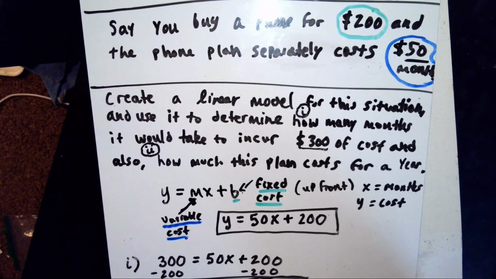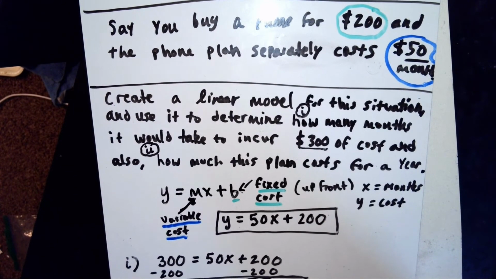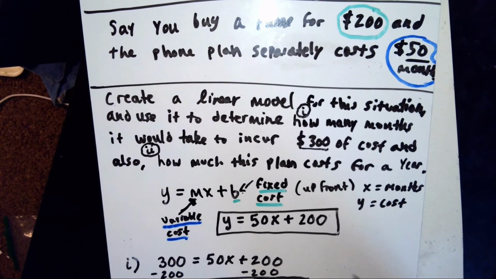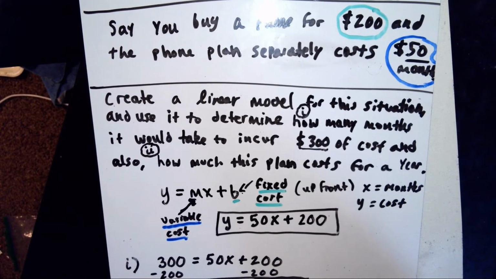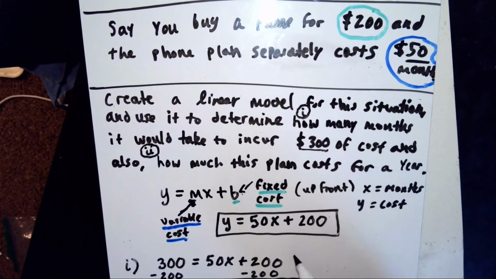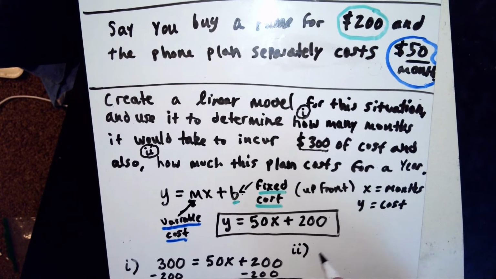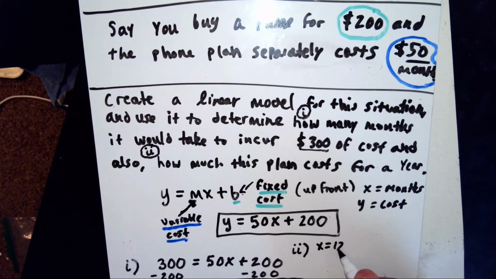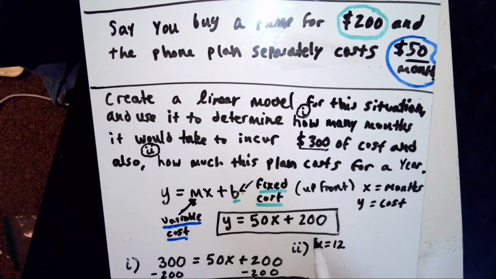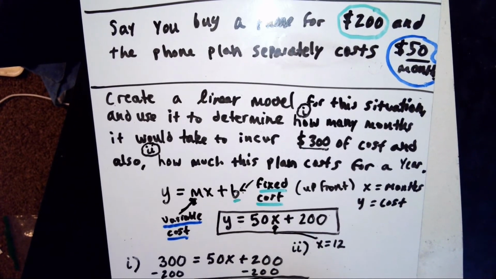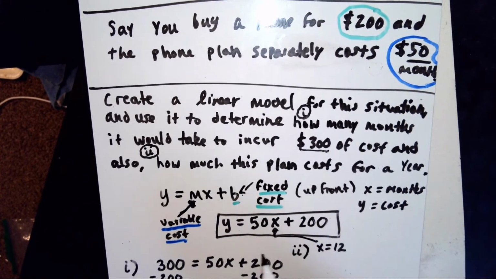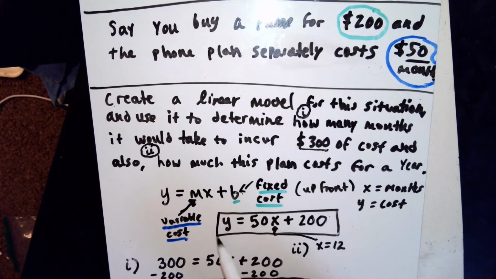Now, we want to determine how much this plan costs for a year. We know that a year is 12 months, so for question 2, x is 12. We're going to plug that into our model, and then use that to determine how much the plan will cost in dollars.